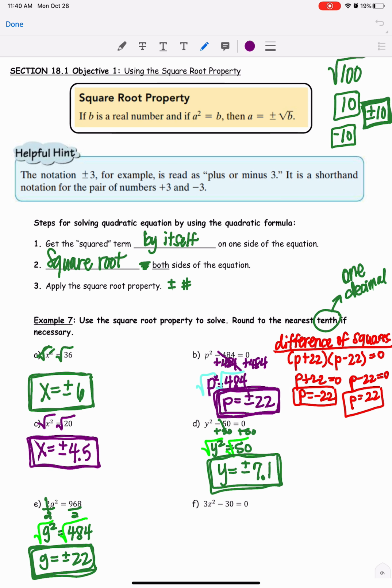And then last one, get that z squared by itself. So the first thing we got to do is add our 30 over. So I'm going to get 3z squared equals 30. Divide by that 3. So I'm going to get z squared equals 10.